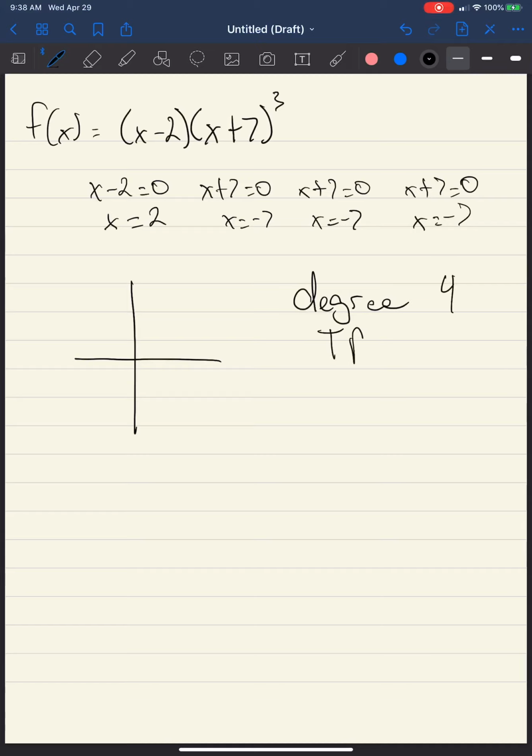Which means my turning points, it's always the degree minus 1, which is 4 minus 1, so 3. And then with end behavior, if it's 4, x to the 4, that is going to be an even number, and it's positive, so it's going to be an up.